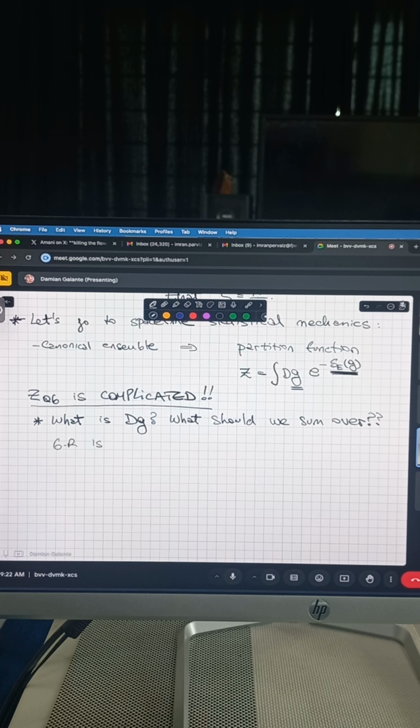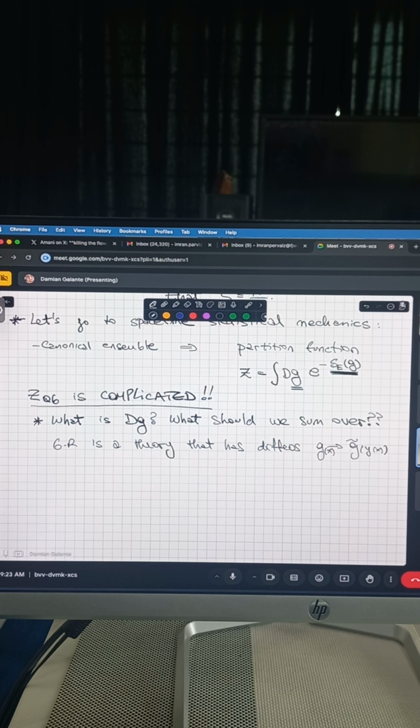So the theory of GR is a theory that has diffeos. I don't want to become very technical, but you know what this means, right? If we just have a metric and we do some coordinate change, x to y of x, we are not doing anything to the metric, right?